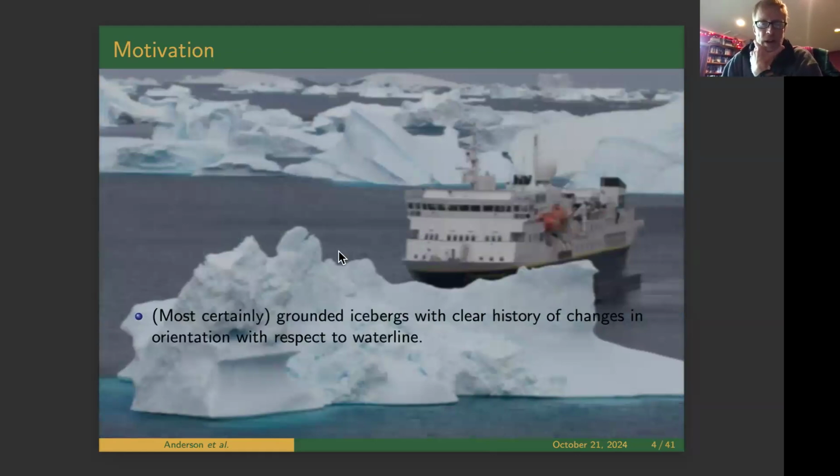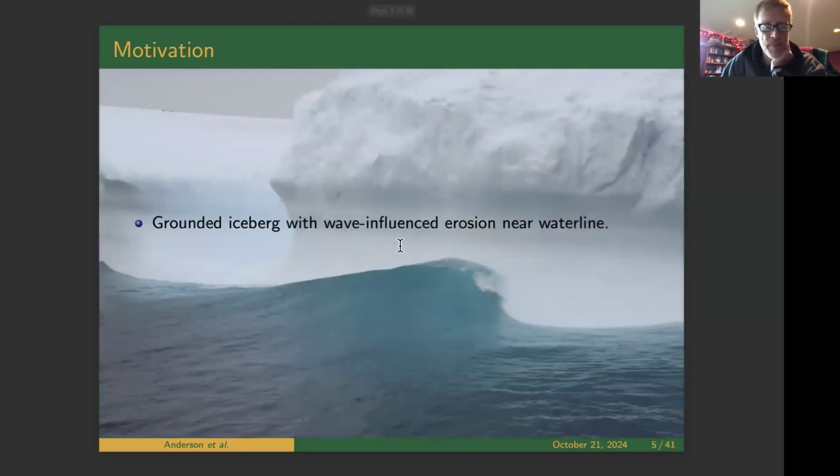Here's another picture of what I think are most certainly grounded icebergs, but this one in the back has a clear history of some changes in orientation with respect to the water line for one reason or another. So I found icebergs like that kind of fascinating. Here's another one that was definitely a grounded iceberg. I think it was described as being around for maybe several seasons.